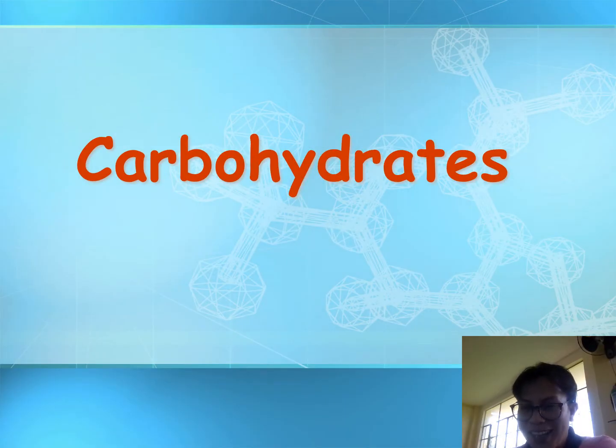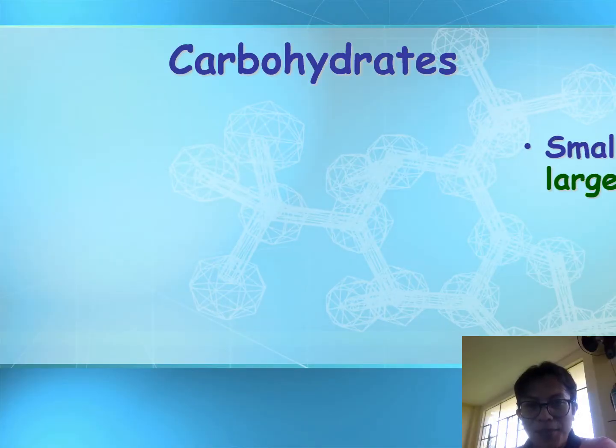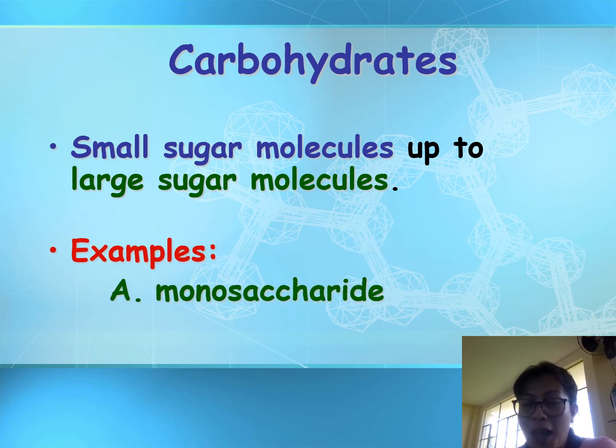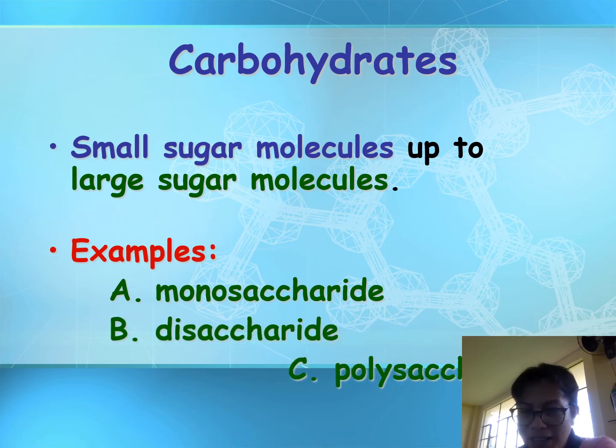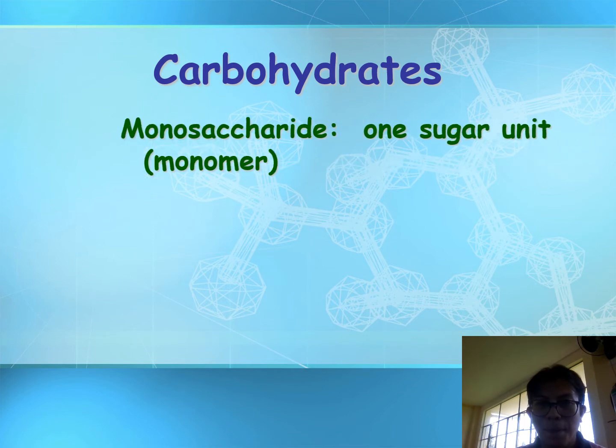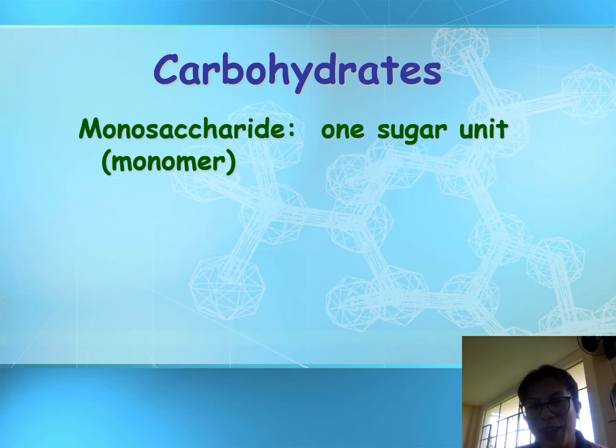Now, let's talk about number one, the first molecule, the carbohydrates. Carbohydrates are small sugar molecules up to large sugar molecules. Examples are monosaccharide, disaccharide, and polysaccharide. First under carbohydrates is the monosaccharide.